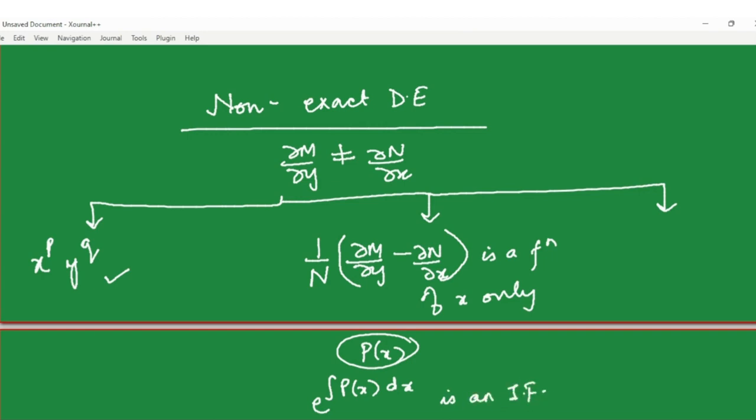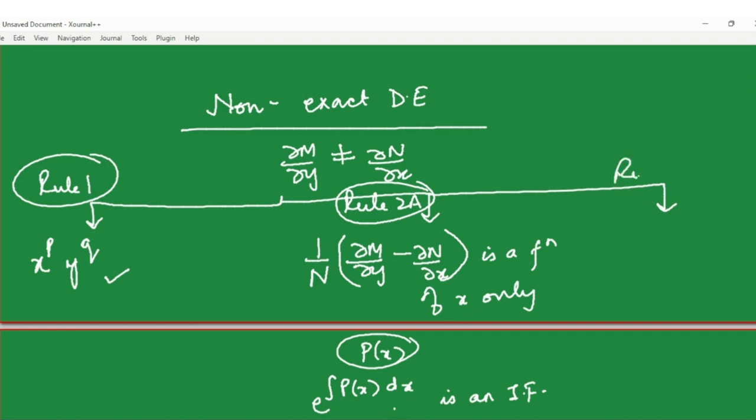That's rule 2a. This was rule 1. In rule 2a, you take the difference of the partial derivatives and divide it by the second function N, and if this overall expression turns out to be a function of x only, then this is an integrating factor.